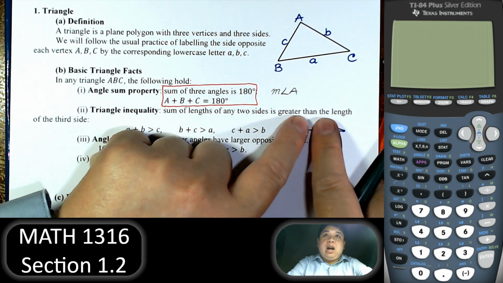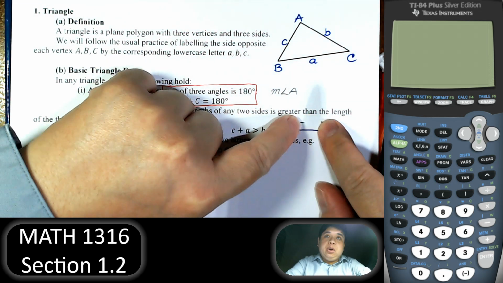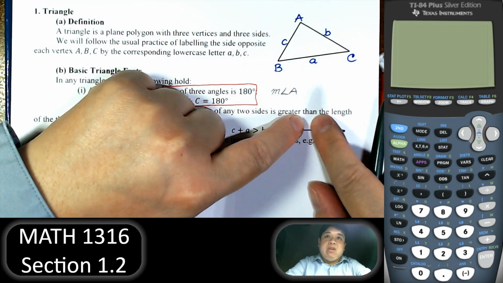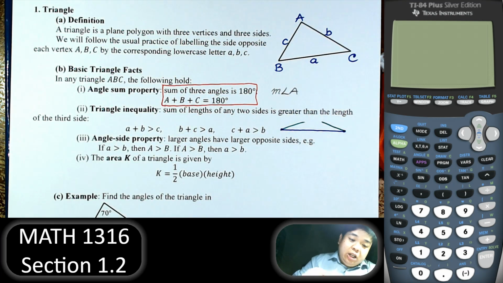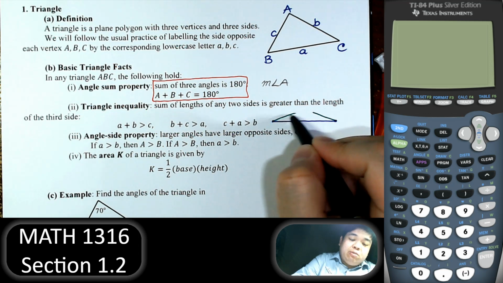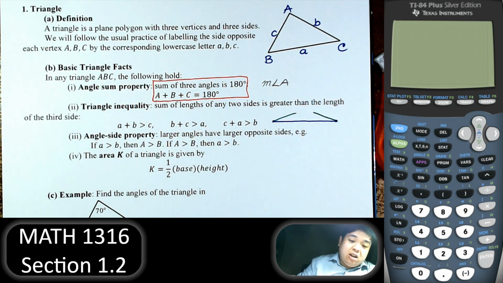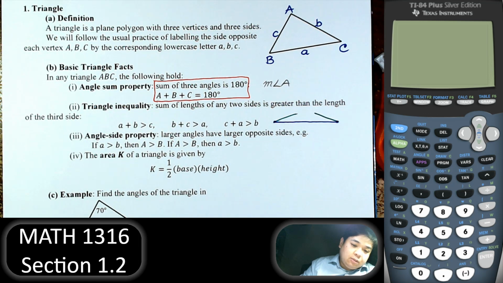If these two sides do not add up to more than the third side, those sides will never touch to form a triangle. So the sum of the lengths of two of them must be greater than the third side. This will come in handy a lot later down the road.